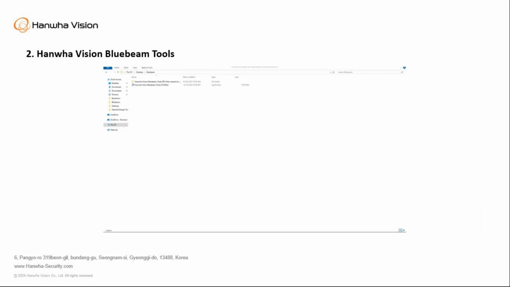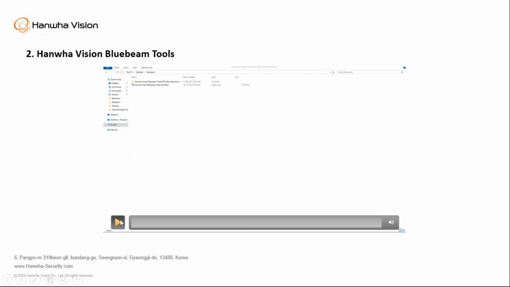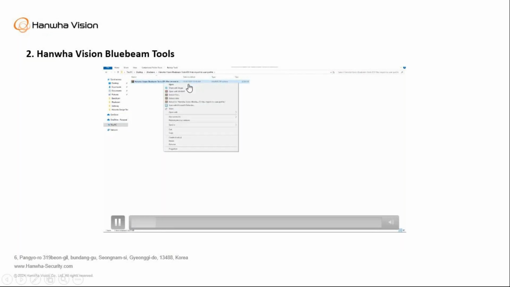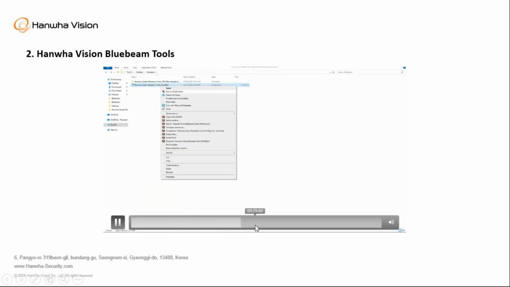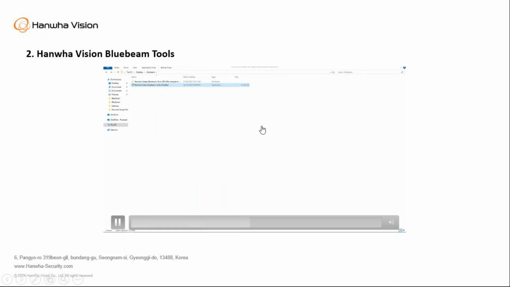After downloading the tool from the website, you may find the following files. So we need to run the Hanwha Vision Bluebeam profile. So here I am extracting BTX files, which we are going to cover in the later slides. So okay, here I'm starting installation for Bluebeam Hanwha Vision tools.